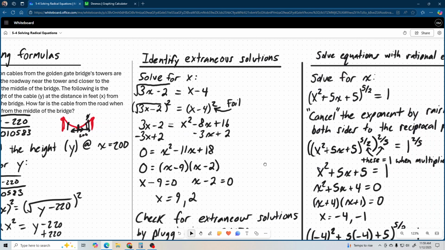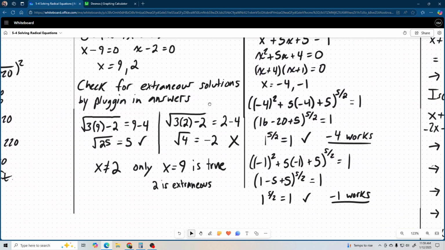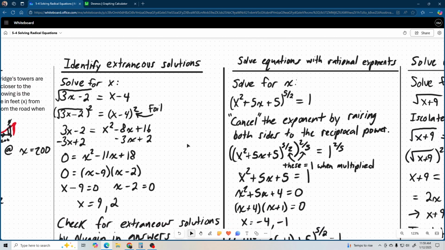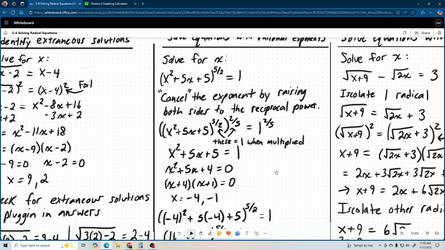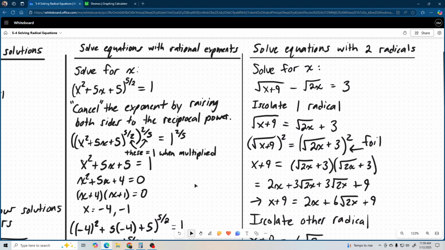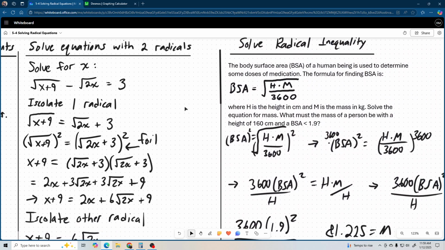Then we identified extraneous solutions by plugging everything back in, and we talked about why extraneous solutions exist in the first place. We solved equations with rational exponents, so if we have fraction exponents, we can multiply by the reciprocal to get rid of those. And we figured out that when you solve equations with two radicals, you just keep working it until it figures itself out.